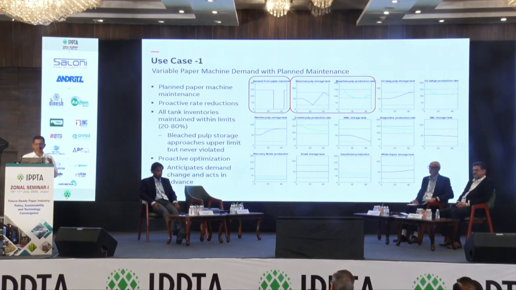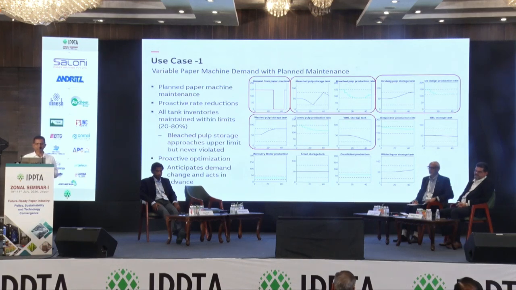Similarly, as the bleaching production rate is reduced, it impacts the accumulation in the O2 delignification and it is hitting the upper limit. So again, the optimizer is manipulating the production rates of delignification. Similarly, it is even manipulating the production rates of the cooking section as well.